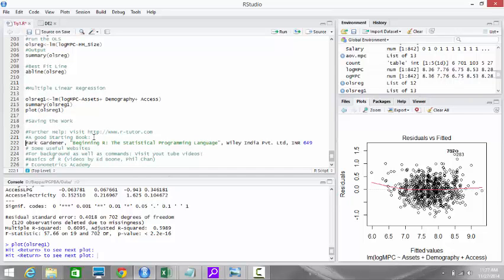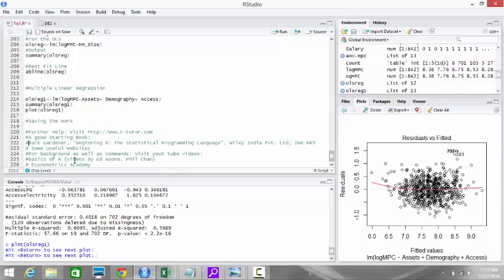It's called Beginning R, a statistical programming language. It's by Wiley India Private Limited. It's available from Amazon, and it's not very expensive. It's about 649 rupees. There are some useful websites as well, and you can check some of the YouTube videos.